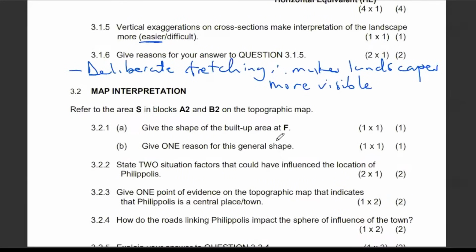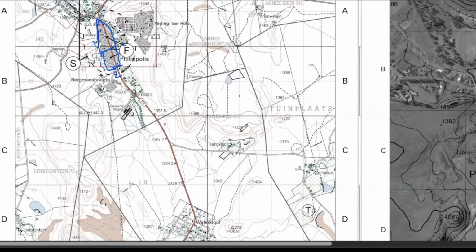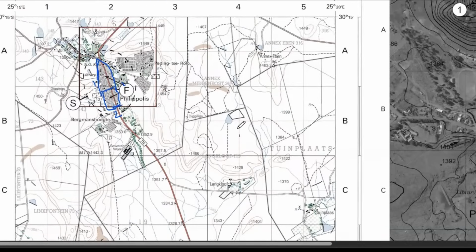One reason for this general shape, basically we have to identify the reason for the shape. If we check that particular area, why is it having that shape? Right. Basically, if we check this whole built-up area, it's more or less following a linear inclination.